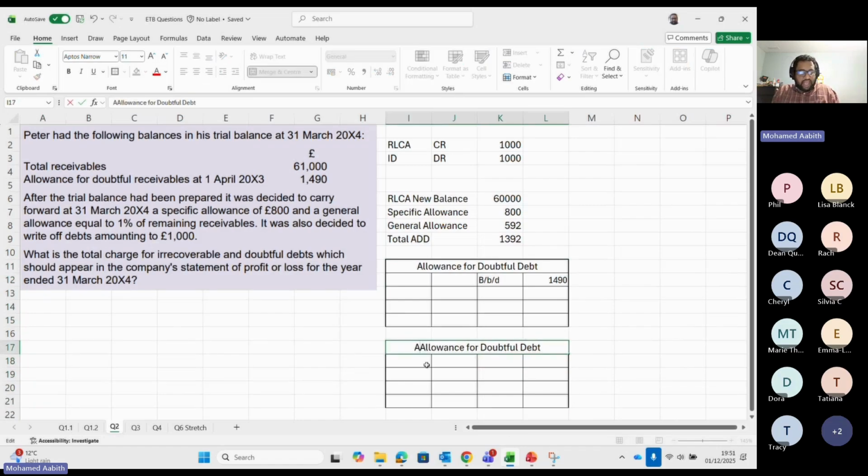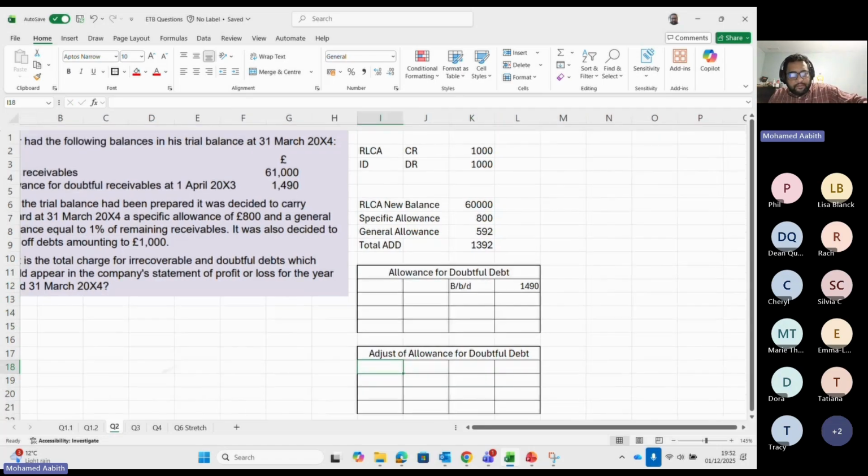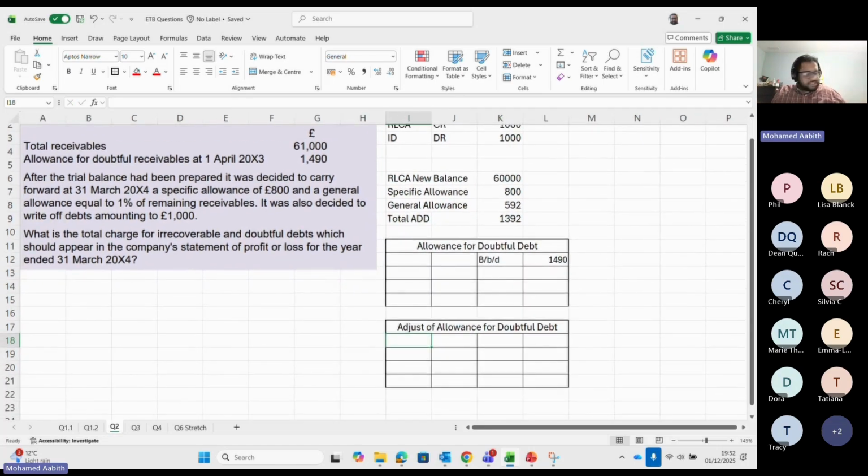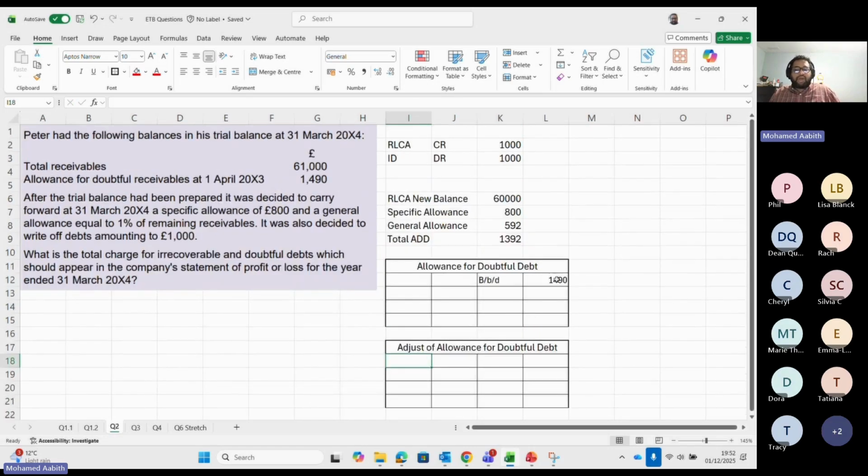So we're going to say adjustment of allowance for doubtful debt. So here, this one needs to come down from 1,490. My apologies, guys, something on the screen is not letting me move. Okay, yeah. All right.